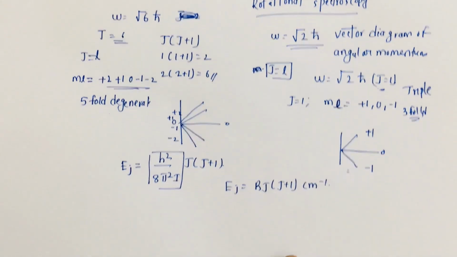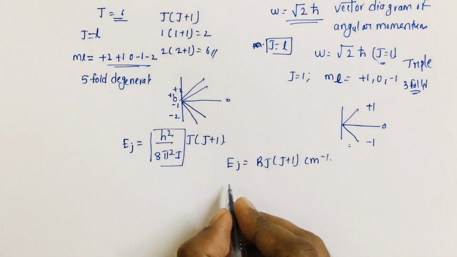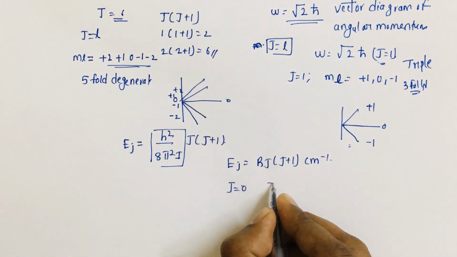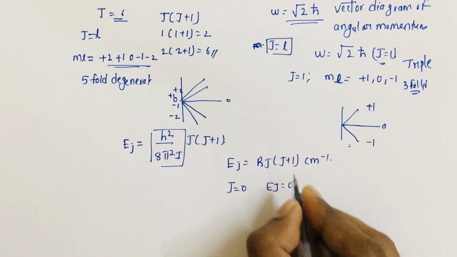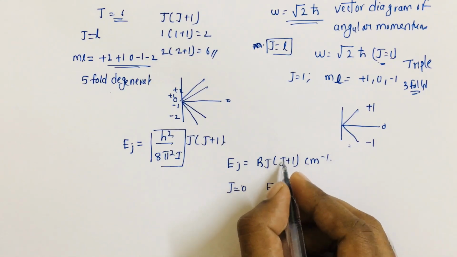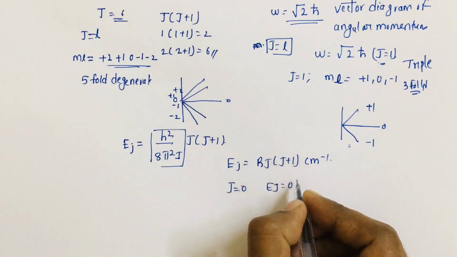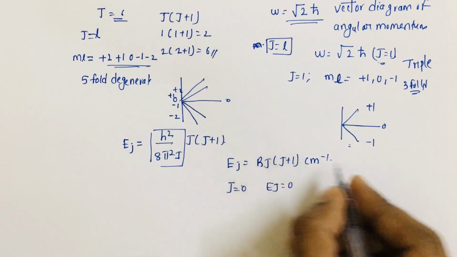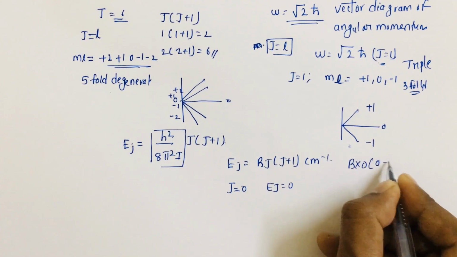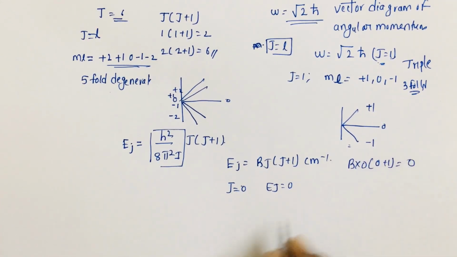When j equals 0, E_j will be 0, because it is 0 into 0 plus 1, which is 0.